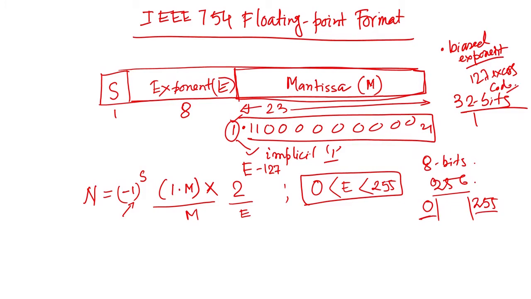That means if you want to represent any number, in the exponent part we have to add 127 and then represent it in the computer system. Similarly, when we do some operation, we have to subtract 127 from the exponent value and then do the operation.